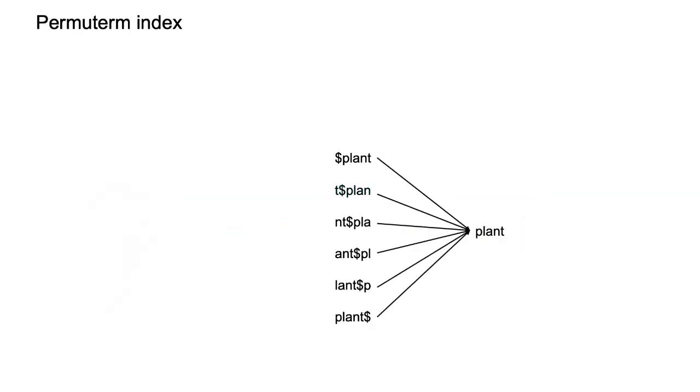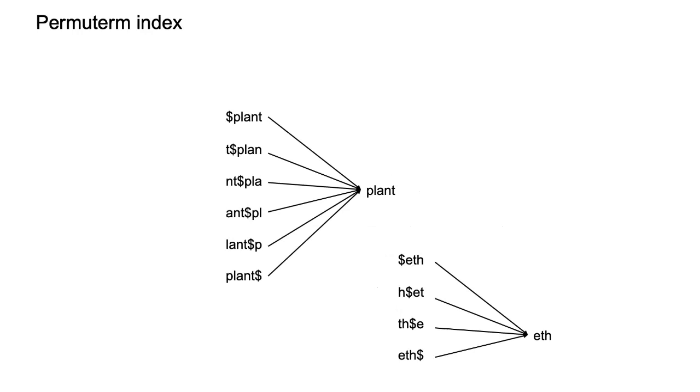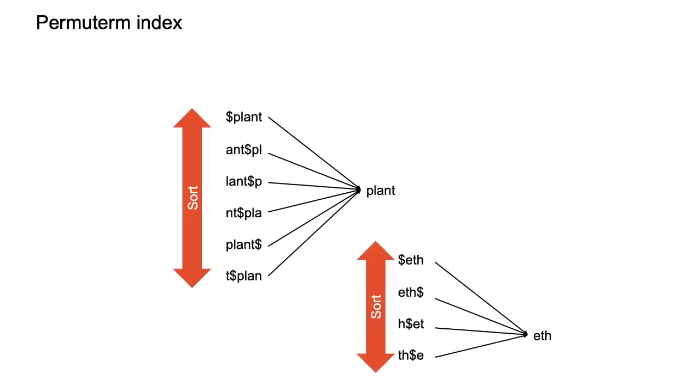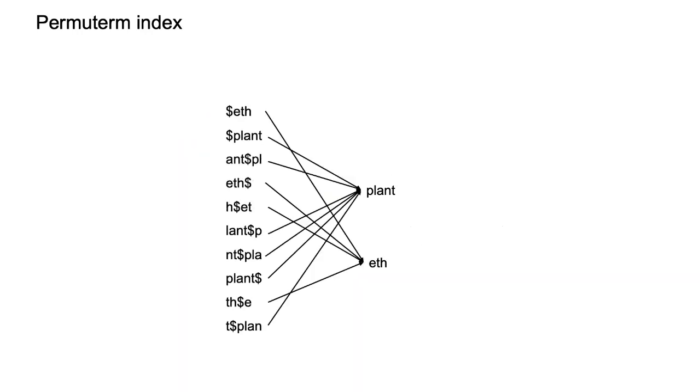So that's how you actually solve these queries. What you do is basically build an index by rotating every term that you have. You compute all rotations, and then you build a B+ tree on the rotations that point back to the original term. So all of these point to plant. Then you do the same here, ETH and so on. You do it for all of the terms. You sort, you build your B+ tree, and I oversimplified here.